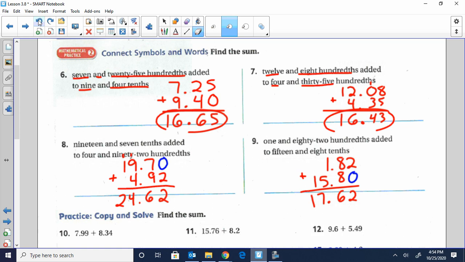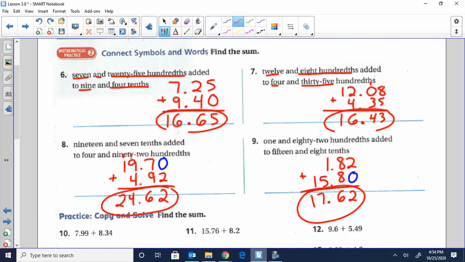When we added this up, you get 24 and 62 hundredths. And then when we added 1 and 82 hundredths to 15 and 8 tenths, we added an extra 0 there in the hundredths place, making it 15 and 80 hundredths. And we got 17 and 62 hundredths.